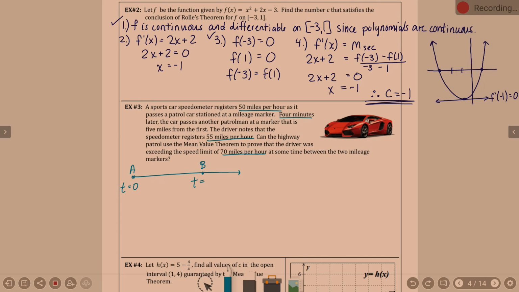And how do we get that? 4 over 60. So here, if you're thinking 4 minutes out of 60 minutes, I'm just going to put that right here. 4 out of 60, 4 minutes out of 60 minutes, which is 1/15 of an hour, right?